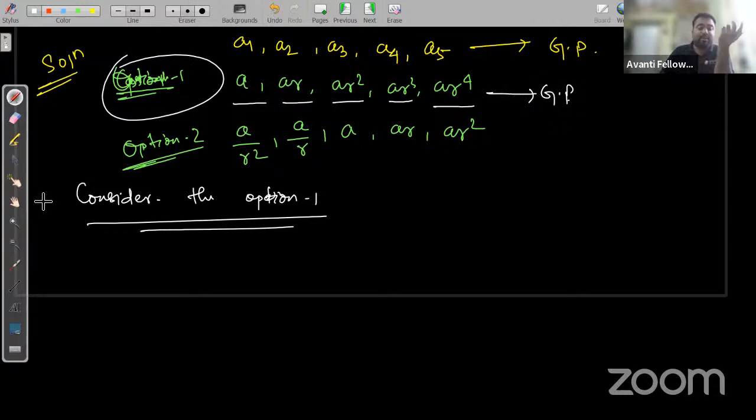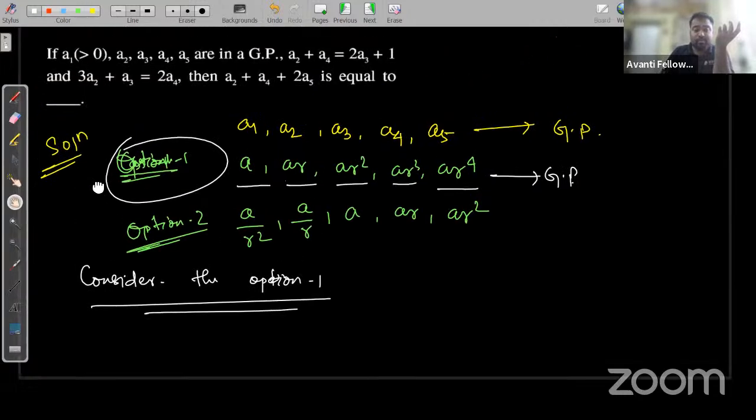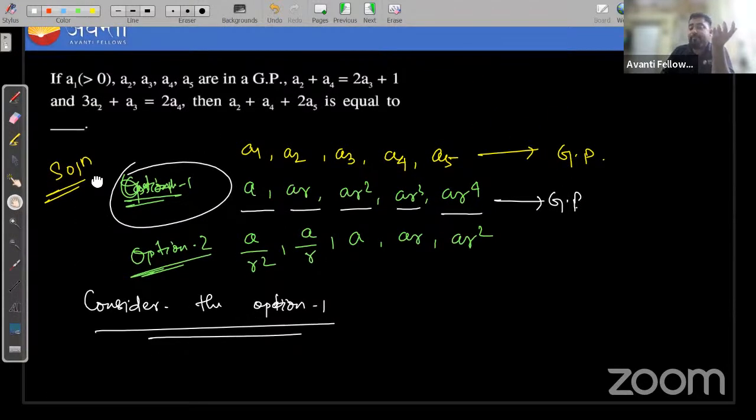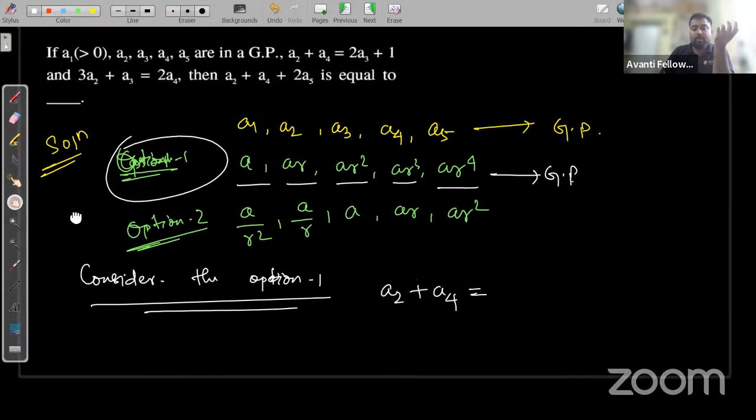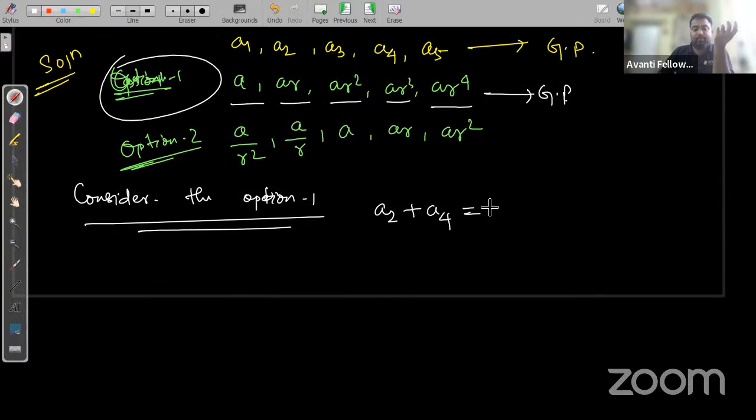So what is given in the question? Let's see. A2 plus A4 is equal to 2A3 plus 1. Yes. So A2 plus A4 is equal to 2A3 plus 1.